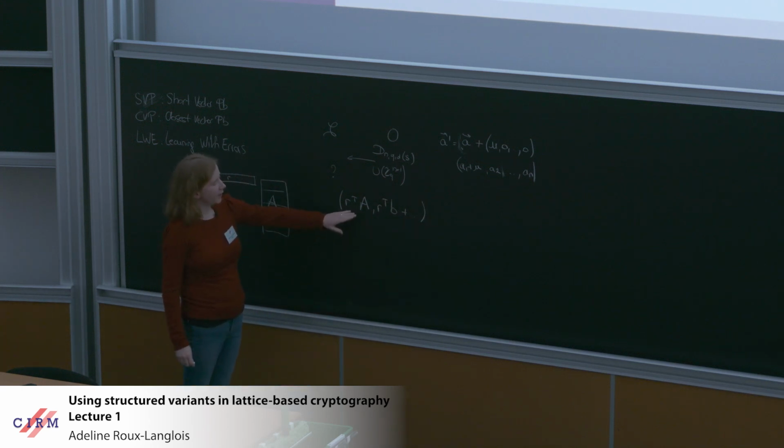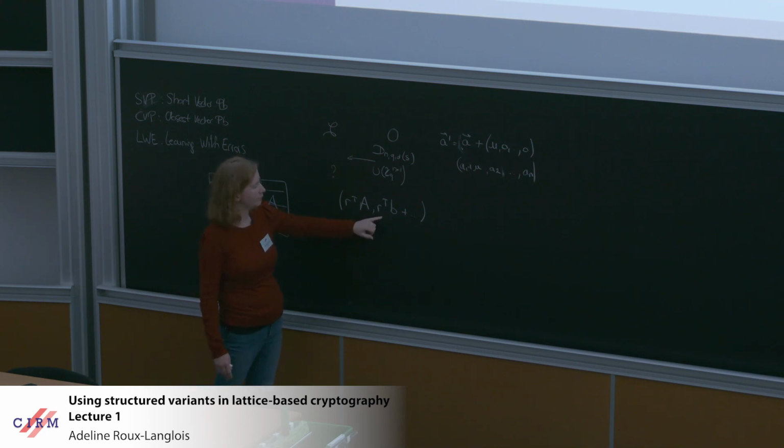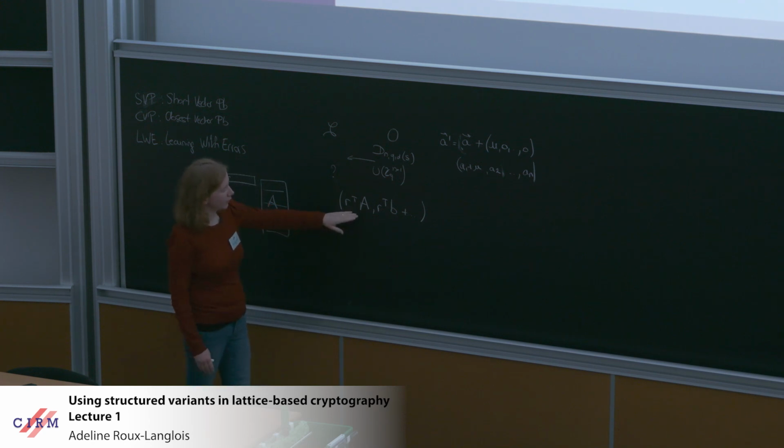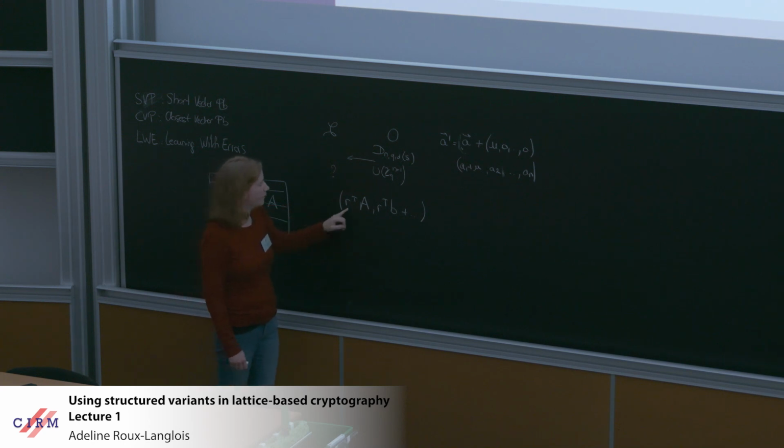You need R times A to be indistinguishable from uniform, but knowing A, because A is public. And the same for R times B, okay? And this is not straightforward because it could be that you can invert it and find that it's R times A for some R. You want R to stay secret.